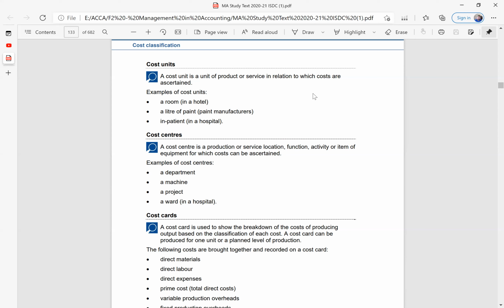Now we have cost centers. Cost centers relates to the department or the function or the branch in which the cost is being incurred. So let's say I am working in finance department, and because I'm working in finance department, I have to use internet connection, I have to use a laptop, I have to turn on the electricity. So the electricity bill, the Wi-Fi bill, if I am drinking water, so I need a dispenser for the water, or I need some source of water.